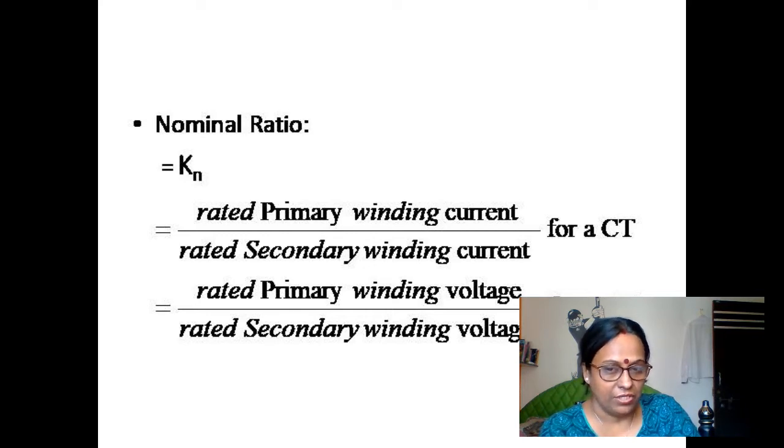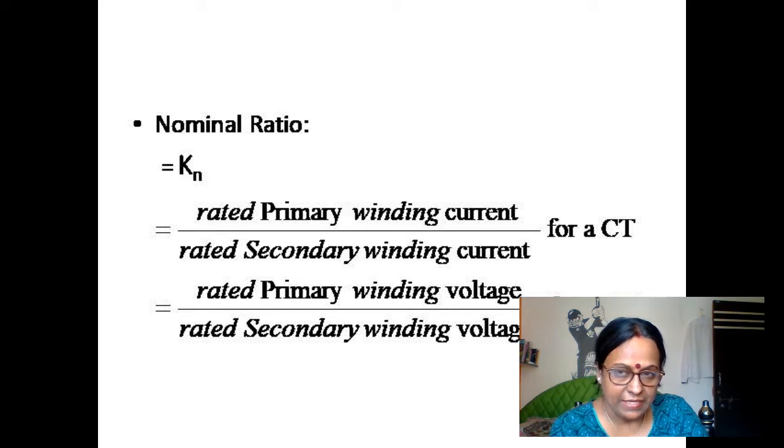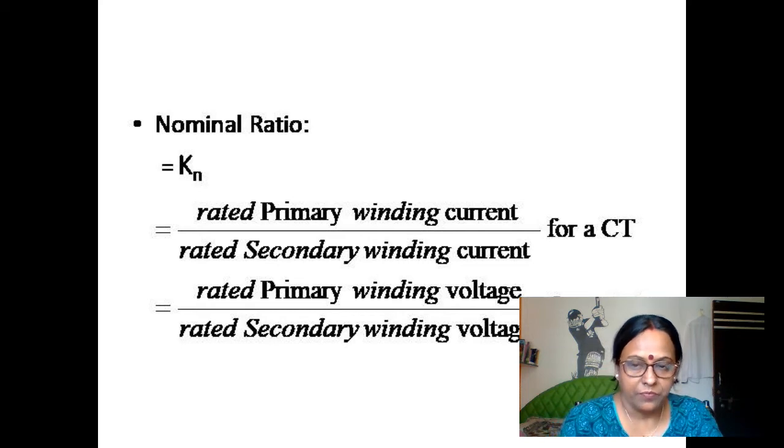So this is the maximum current that can pass through a transformer. Rated primary winding current divided by rated secondary winding current for a CT, and rated primary winding voltage by rated secondary winding voltage for a PT, is the ratio. This is known as the nominal ratio. So it depends on the rated values of current for CTs and rated voltages for PTs.